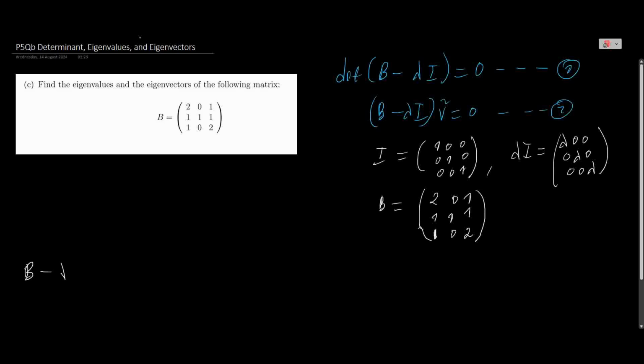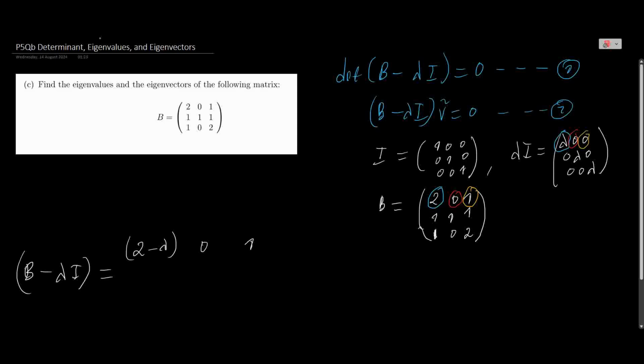We consider the first element of B and subtract the corresponding element of lambda I, then the second, then the third, and we do the same thing for the other elements. So we're going to have 2 minus lambda as our first element. 0 minus 0 is giving us 0. 1 minus 0 is giving us 1.